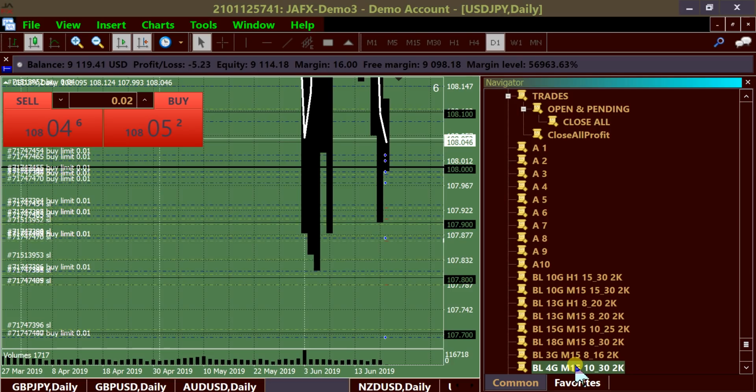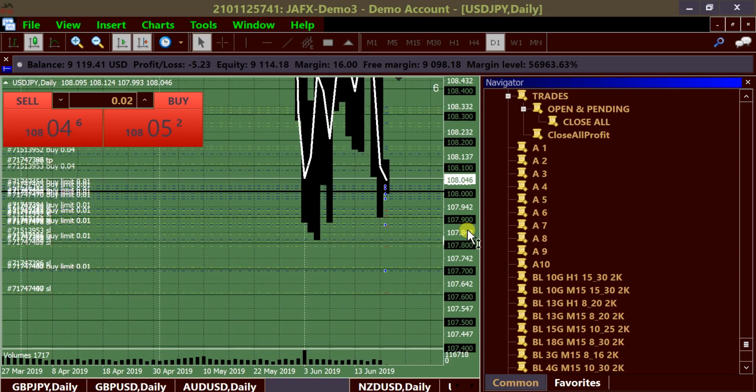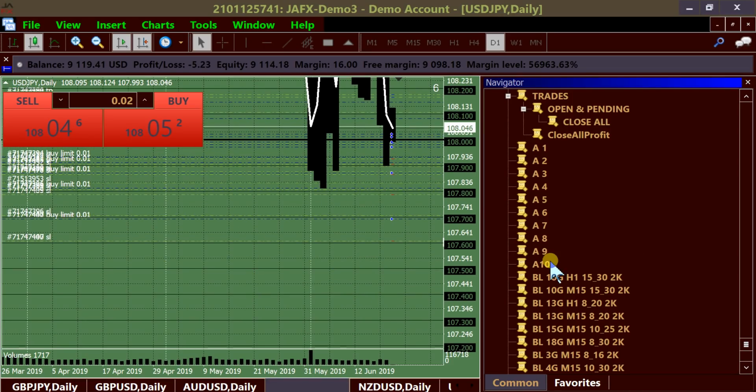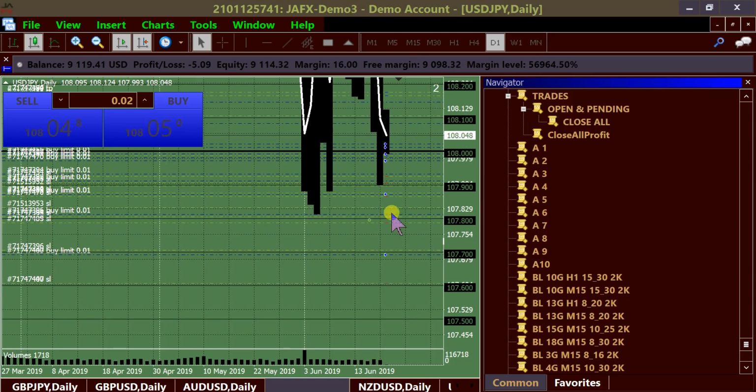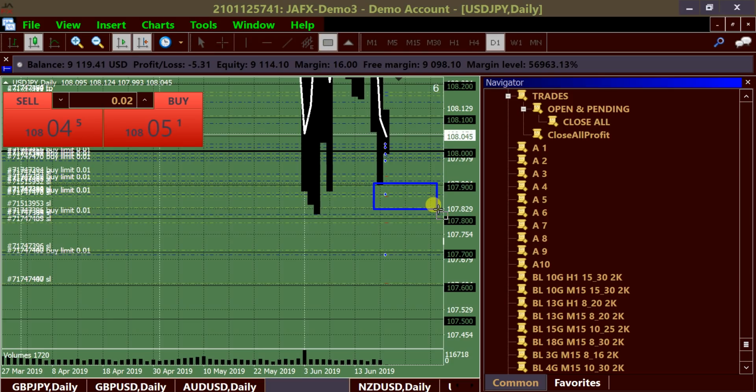Here is a 4 pip for 15. So when you trade really close to the market, you don't want these tickets to last more than 15 minutes or a half hour, because if that's the case, the chances of us taking out this wick and coming down here is really high probability.